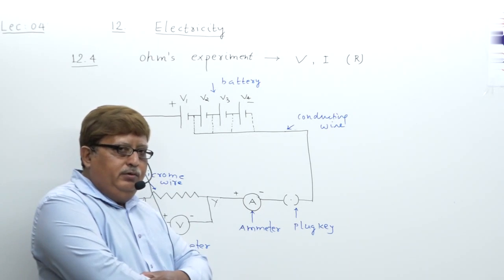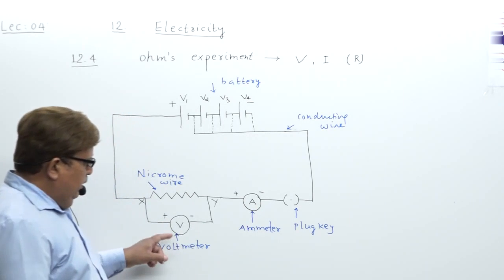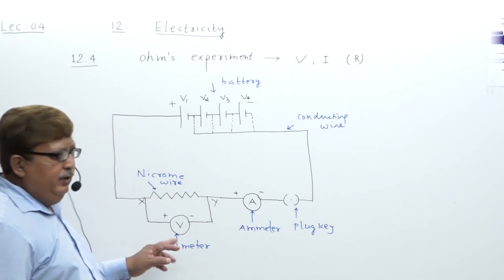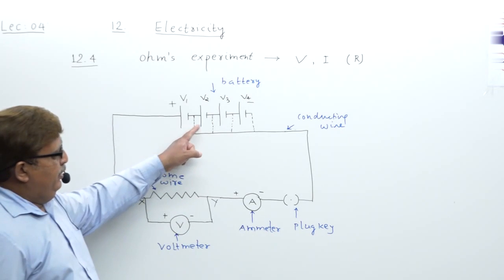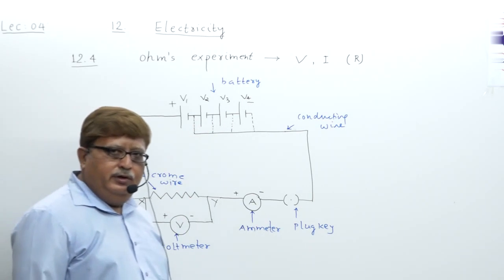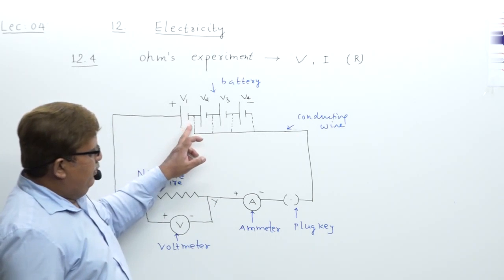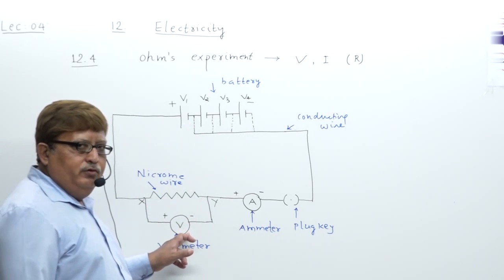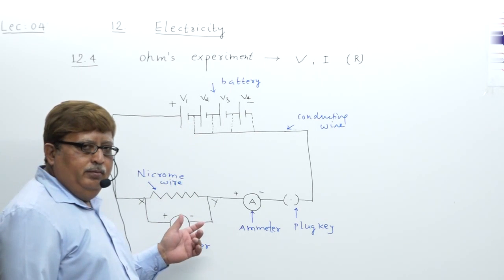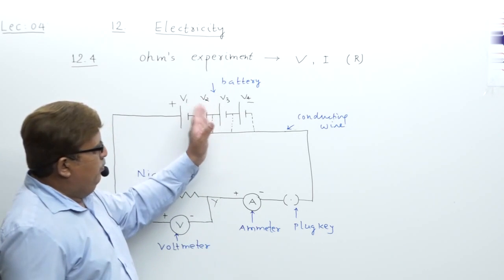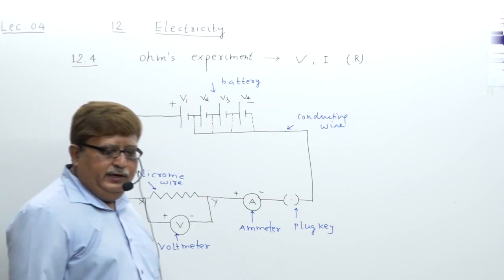Two readings you have to take. V is varying every time, yes, because we are varying the number of cells joined here. Suppose one cell is joined, this will show some potential difference, then 2, then 3, then 4, that way.